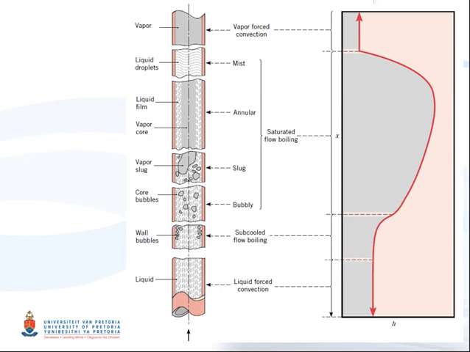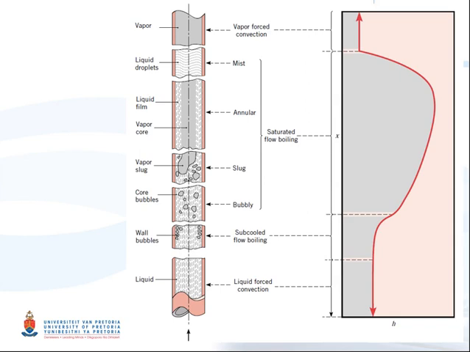Two-phase flow in a tube shows different flow regimes, as you can see here in this figure, and depends on the relative amounts of the liquid and the vapor phase. This picture in this slide shows the flow development in a vertical tube that is subjected to a constant surface heat flux. So it's based on the constant surface heat flux.